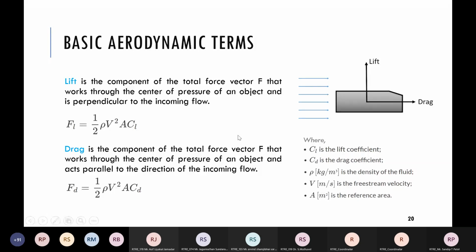The lift force can be computed by this equation: FL, the lift force, is equal to 1/2 rho V squared A CL. Rho is the density of air, V is the ambient velocity, A is the frontal area of the object, while CL is the coefficient of lift. The coefficient of lift is a non-dimensional number which we frequently use to define the lift behavior of an object.